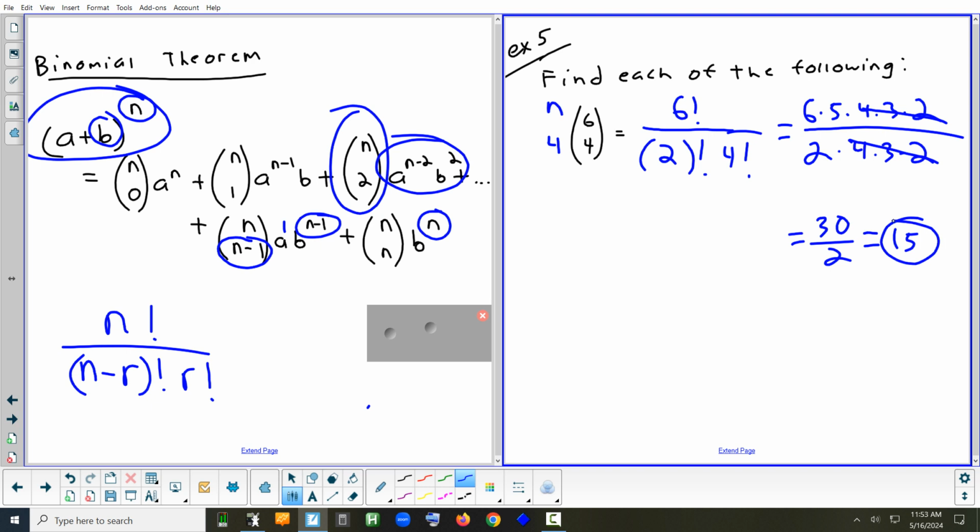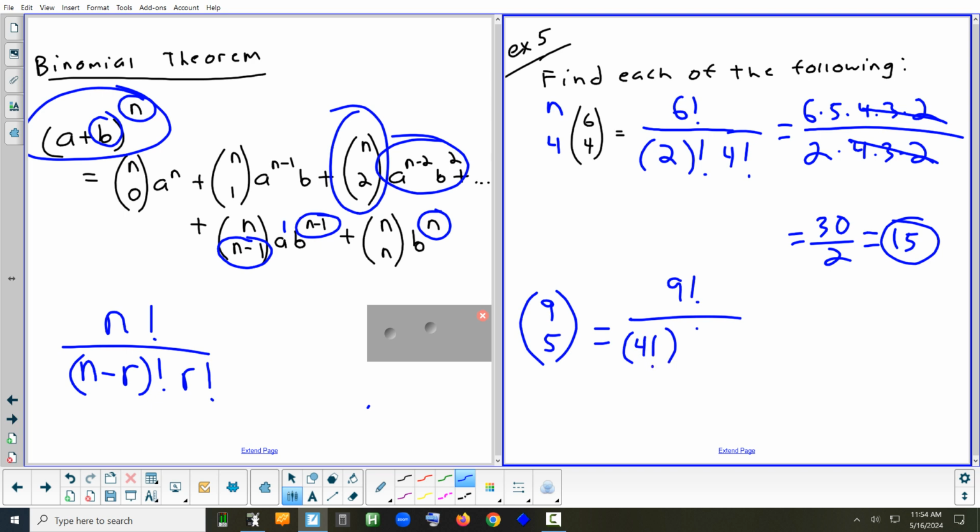All right. So let's try one that's a little bigger. We don't have row 9 of Pascal's triangle done out, but we don't need it. Okay. What would go in the top if we were going to do this out? Yeah, 9 factorial. And what would go in the bottom? 4 factorial. 4 factorial.